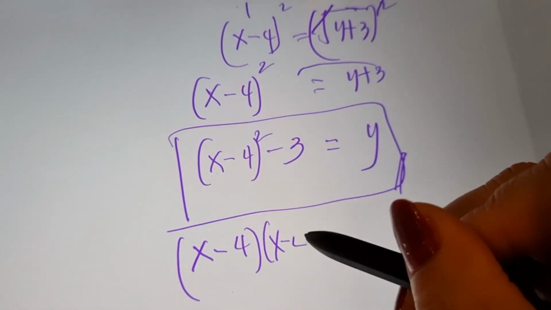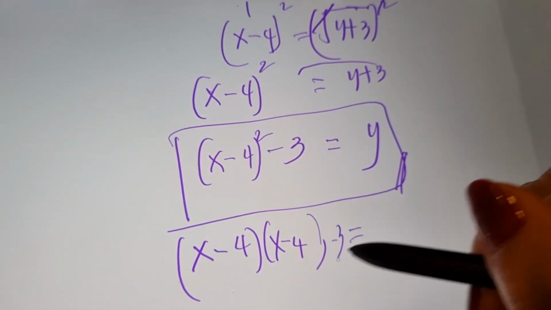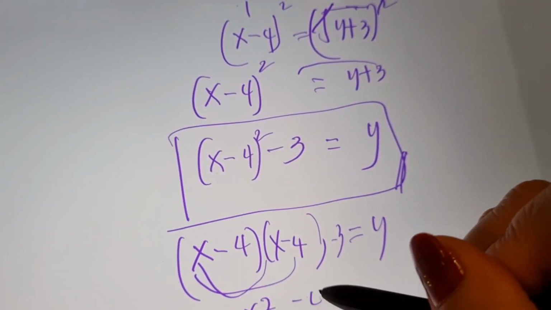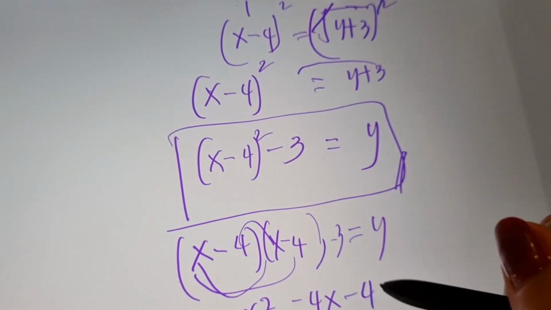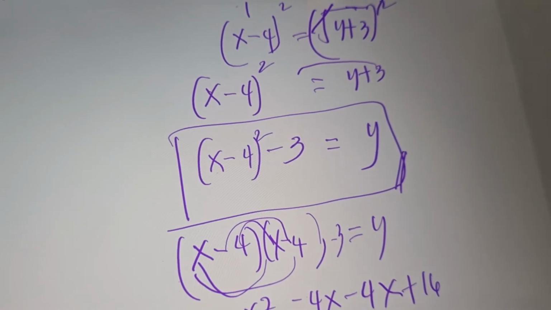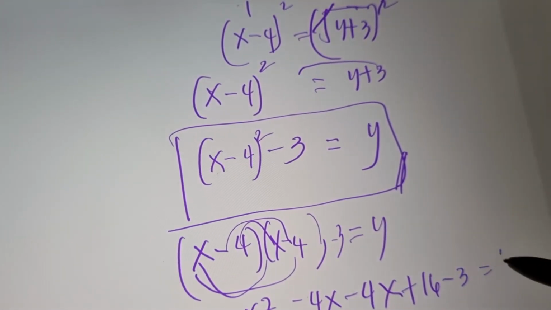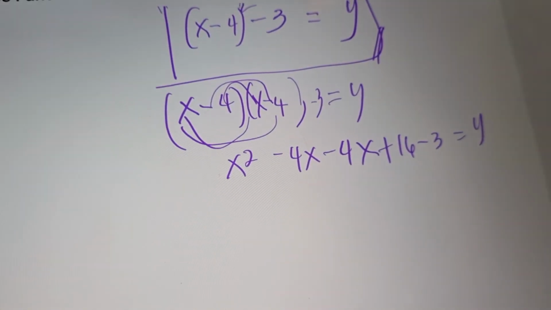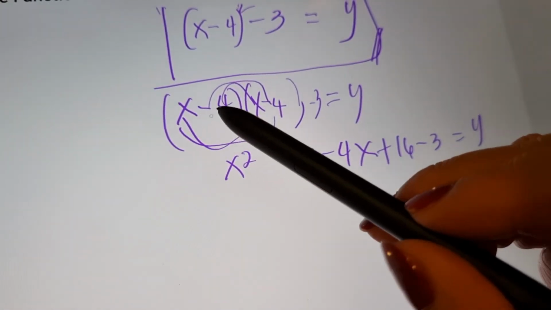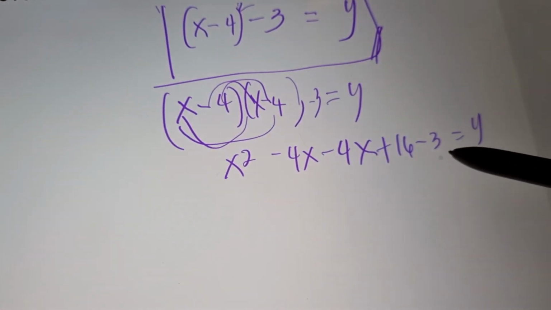So x minus 4 squared minus 3 is equal to y. Again, x times x is x squared, x times negative 4 is negative 4x, negative 4 times x is negative 4x, then negative 4 times negative 4 is positive 16, minus 3.